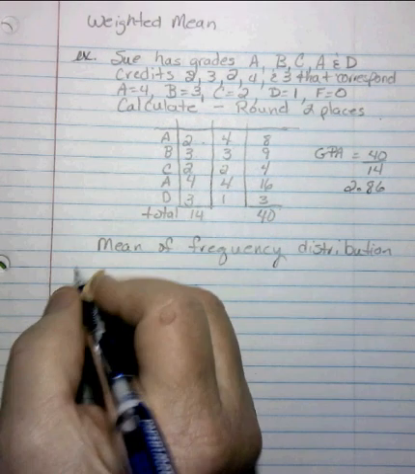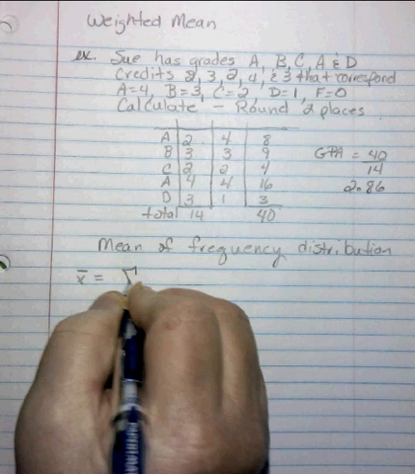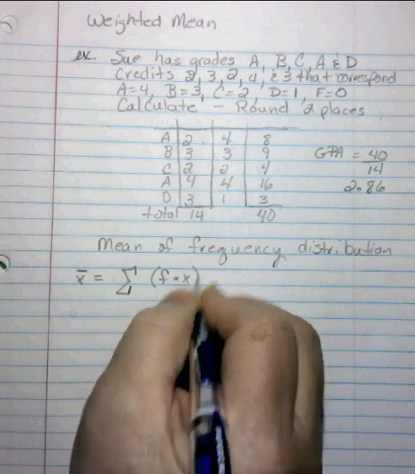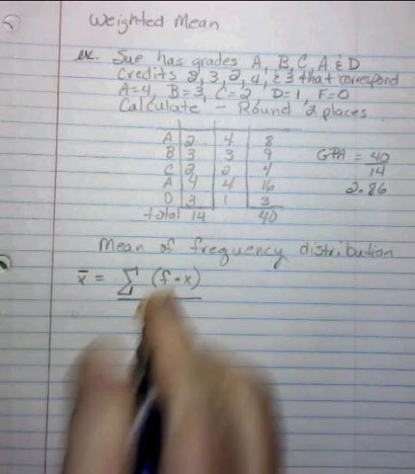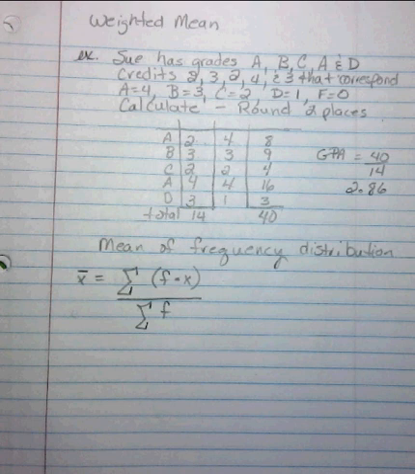So that formula looks like this. The mean would be the sum of the frequency times the value, divided by the sum of all the frequencies.